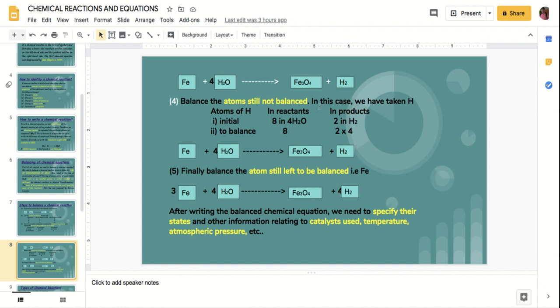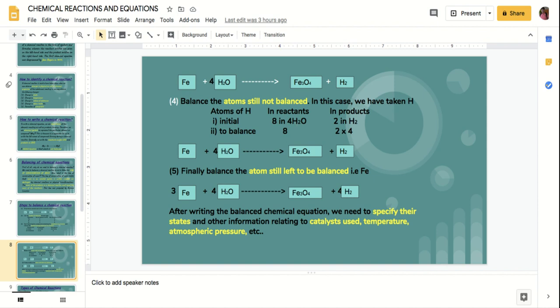That is not allowed. Now, the fourth step is to balance the atoms still not balanced. We have already balanced the largest compound and the atom that is in the highest form, that is oxygen. So this is already balanced. Now the atoms still not balanced are Fe and H. Let's take H. Initially there are 8.